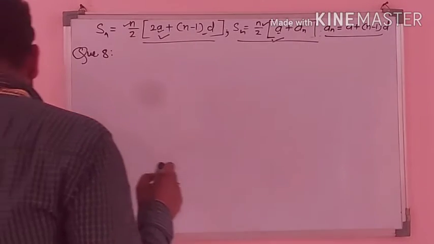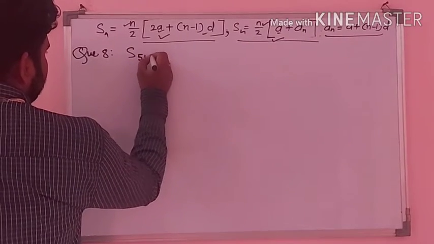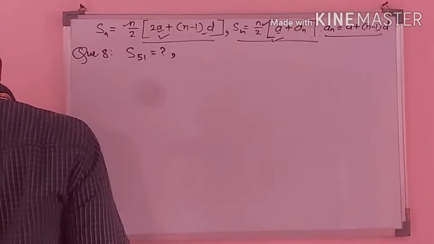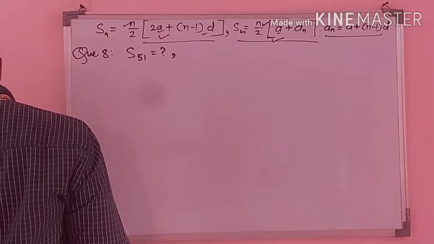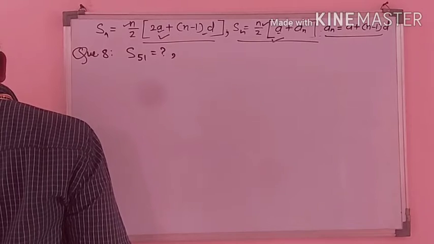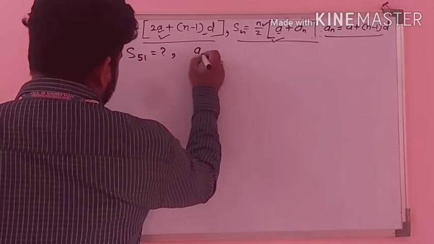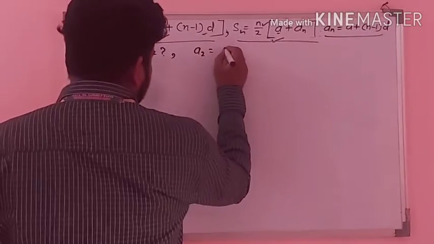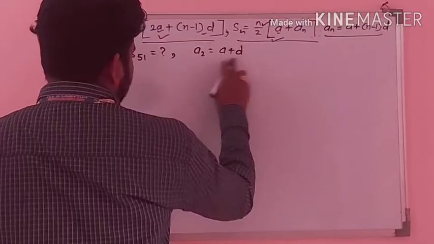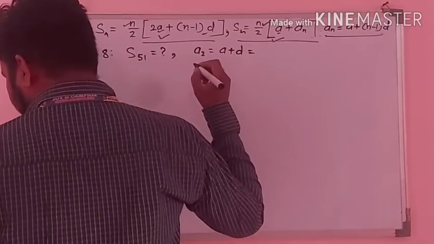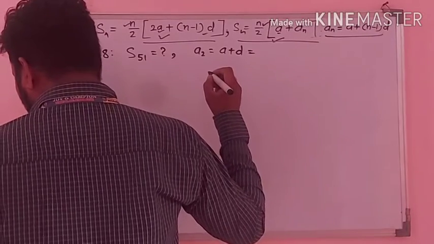Find the sum of the first 51 terms of an AP whose second and third terms are given. The second term is given by A plus D, so A plus D is equal to 14.